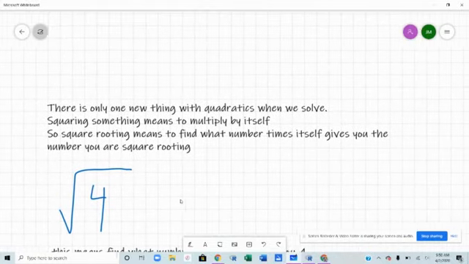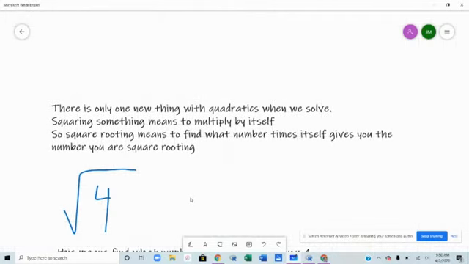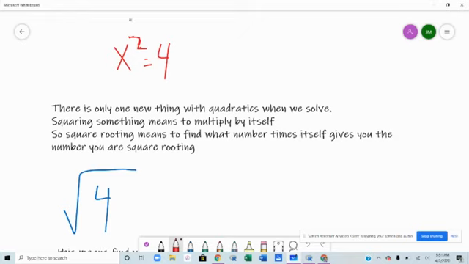So there is one new thing with quadratics when we solve. Because we have this squared, I have an equation such as x squared equals 4. So because I have this squared, it means some number times itself. So that means when you're square rooting, the opposite of squaring is square rooting.